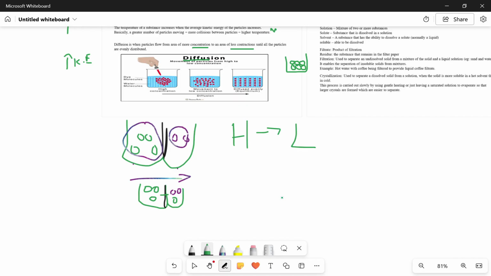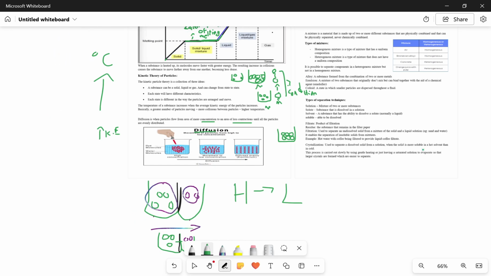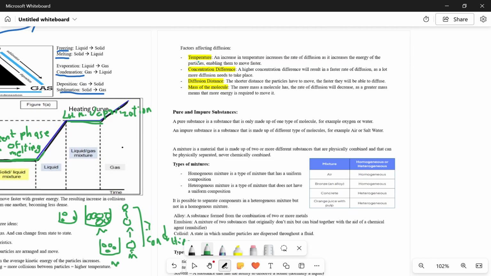If you apply the concept of diffusion, there's more concentration of nitrogen dioxide in that area, and because it does not require a membrane, those nitrogen dioxide molecules will diffuse into the surrounding air. They would move from that area to a lower concentration area where there is less nitrogen dioxide. And this was a 4 marker in e-assessments.